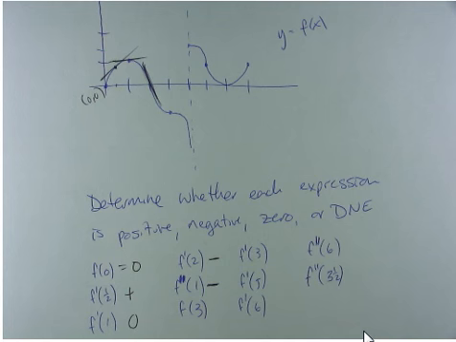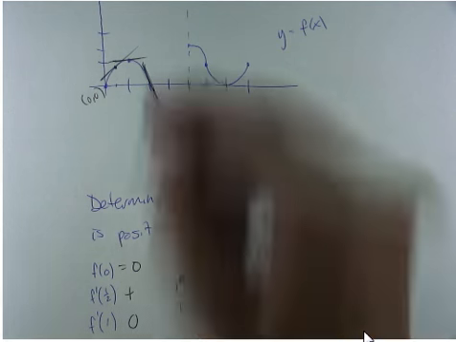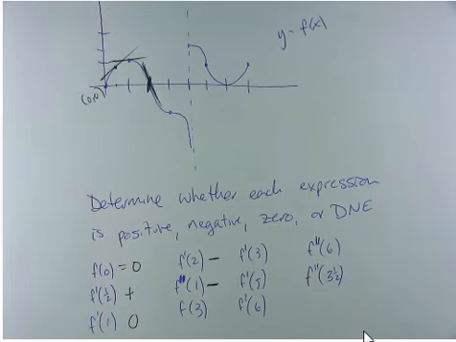What about f of 3? Two is here. It's kind of hiding now. Wouldn't it be that point below it?